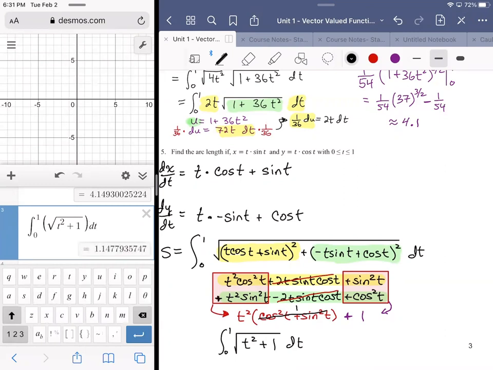So we're looking at about 1.1-ish. This time I do believe I rounded correctly, hopefully.